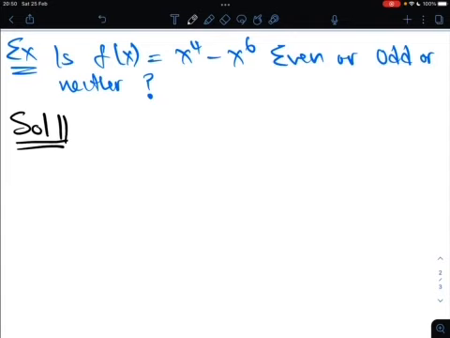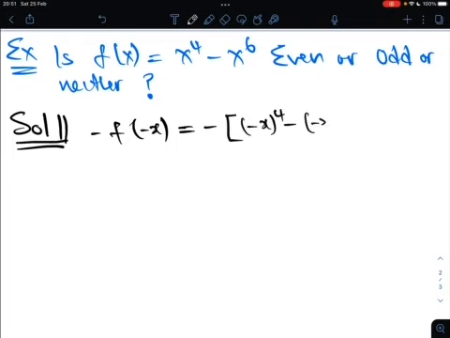So at first we'll check for odd. We'll check if minus f of minus x is equivalent to f of x. So what is that? It's minus x raised to 4 minus x raised to 6, which will give us minus x to 4 minus x to 6.